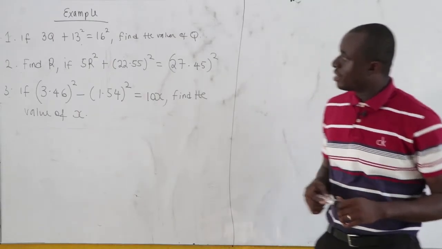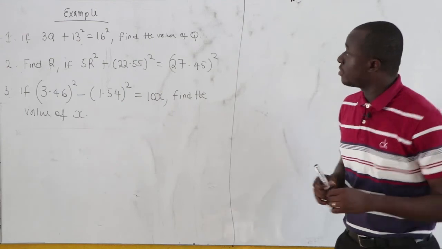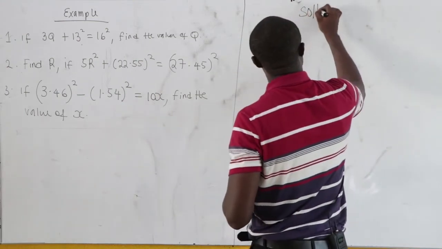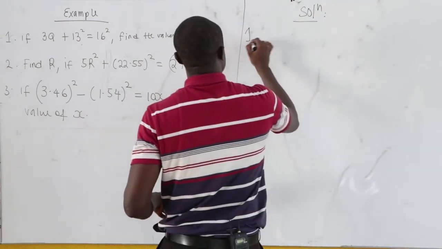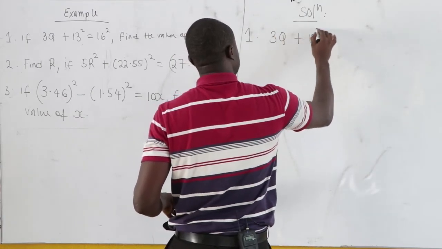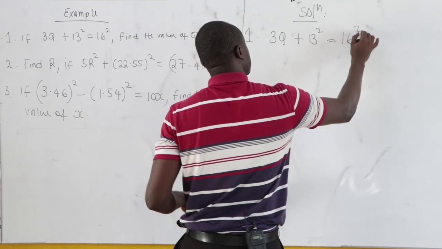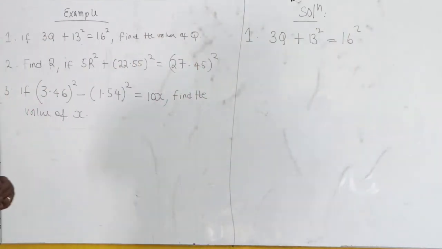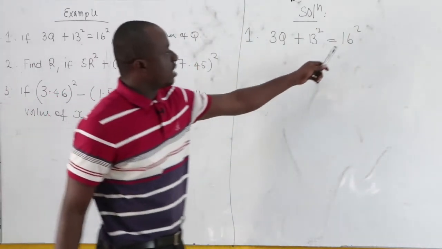Now let's consider this example. All these questions are past questions. Now, the first one, we are given (3q + 13)² equal to 16², and then we are told to find the value of q. I can see square is square.